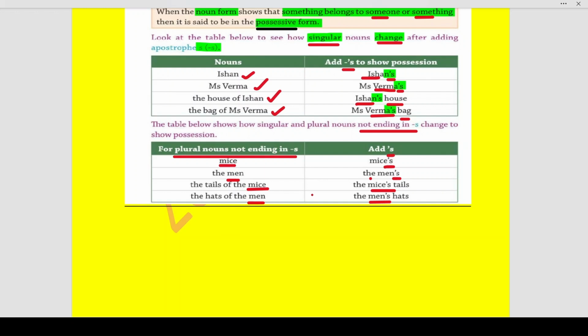Now, the tails of the mice: mice's tails, mice, plural noun, apostrophe S. The hats of the men: men's hats, men is the plural noun. And how do we show possession? Always after the noun, we add apostrophe S. But remember, students, that this is for plural nouns which are not ending in S. You have to keep in mind that there are some plural nouns which end in S. For them, the possessive noun follows a different format which we shall study.